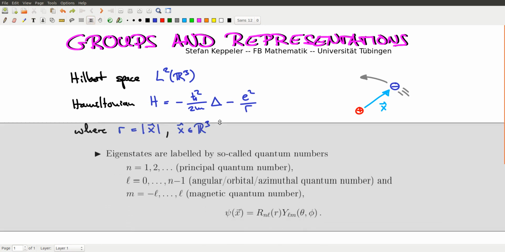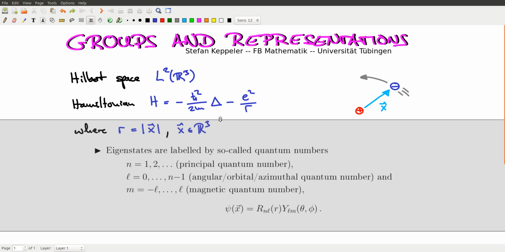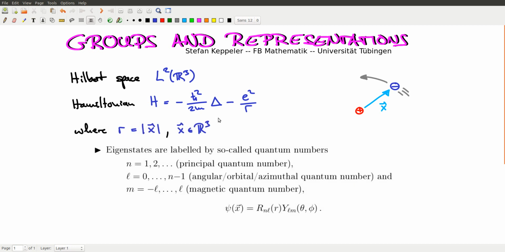Now, if you solve this eigenvalue problem for this Hamiltonian up here, you find that you can label the eigenstates by a bunch of numbers, so-called quantum numbers, and they have some names in physics. There's one number that takes values in the positive integers.